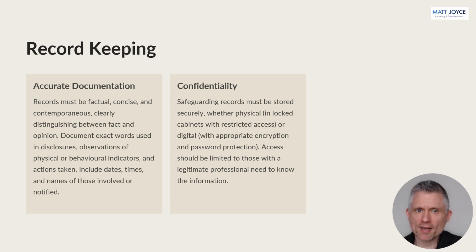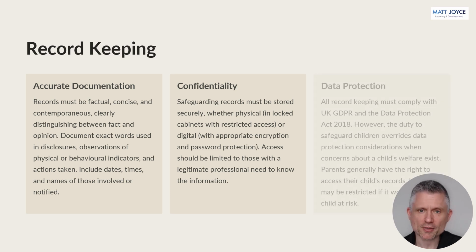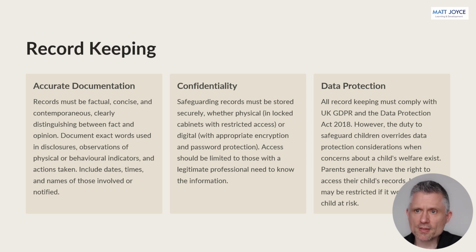Confidentiality. Safeguarding records must be stored securely, whether physically, in locked cabinets with restricted access, or digitally with appropriate encryption and password protection. Access should be limited to those with a legitimate professional need to know the information. In terms of data protection, all record keeping must comply with the UK General Data Protection Regulation and the Data Protection Act 2018.